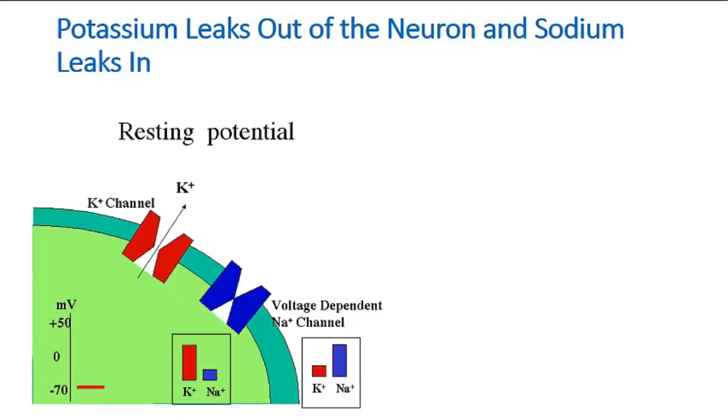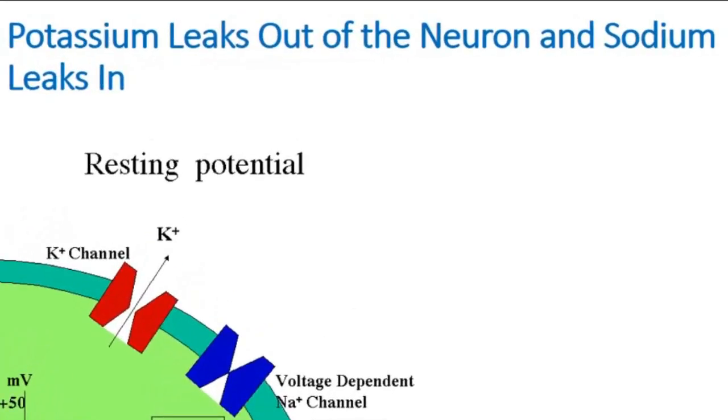When the resting membrane potential is not equal to the potassium equilibrium potential, the forces acting on potassium are no longer equal and opposite. Because at minus 70 millivolts, the chemical force pushing potassium out of the cell is much greater than the electrical force pulling potassium in.